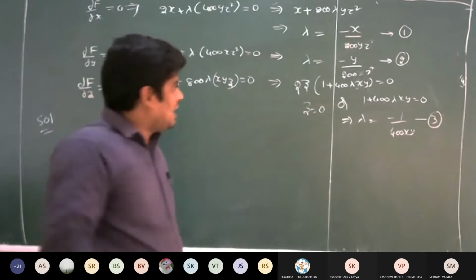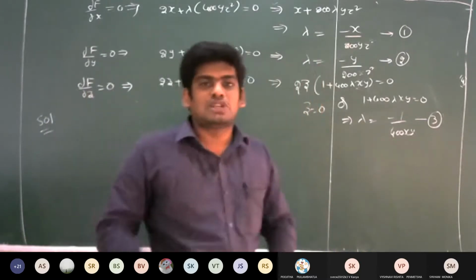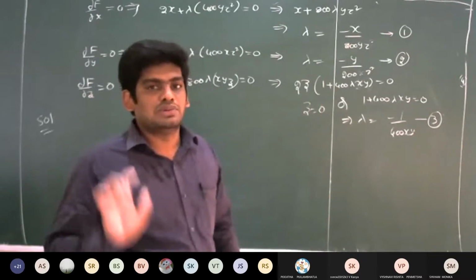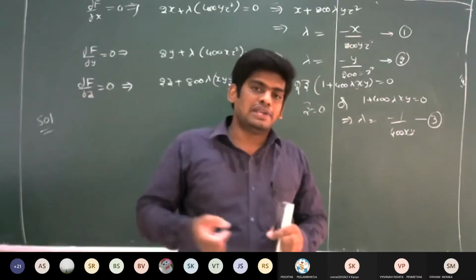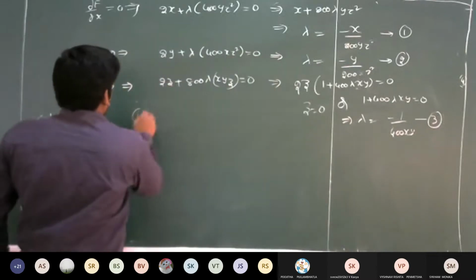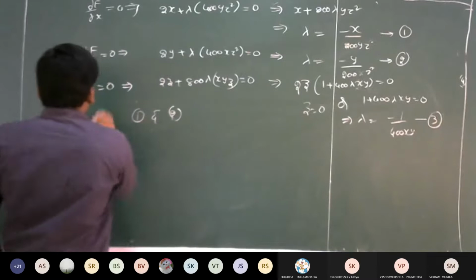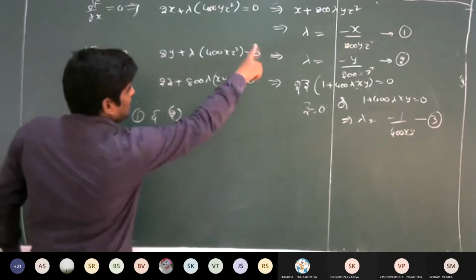Now you have to equate any two, then you will get the values in terms of x, y, z or lambda. Our aim is to calculate the value of lambda and x, y, z values. So from 1 and 2, equate the value of lambda.